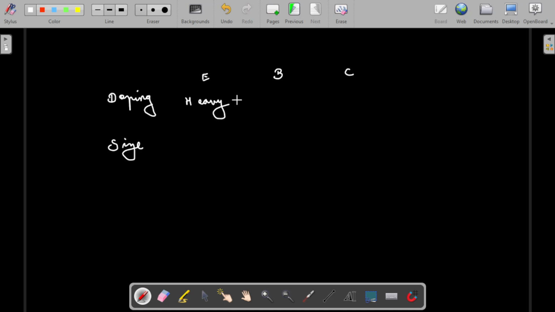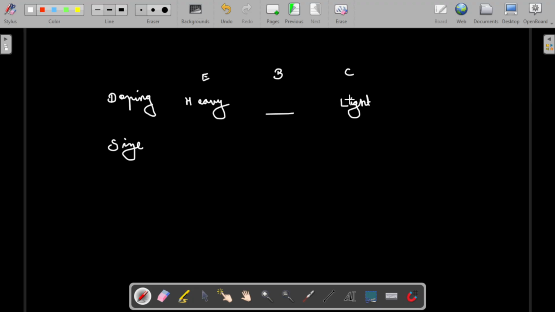The base we know is slightly doped, because we do not need excess holes to be created here. The holes coming from here to here will be fine, with majority charge carriers. But for the collector, we don't know whether it is light or heavy.